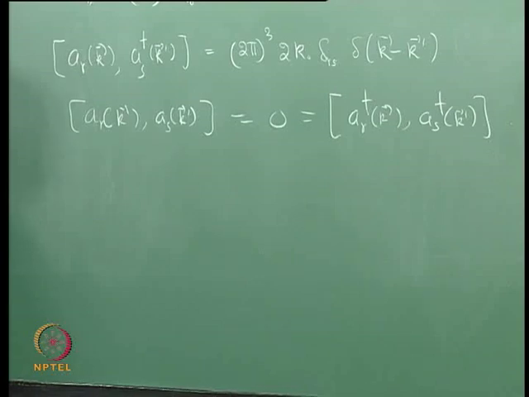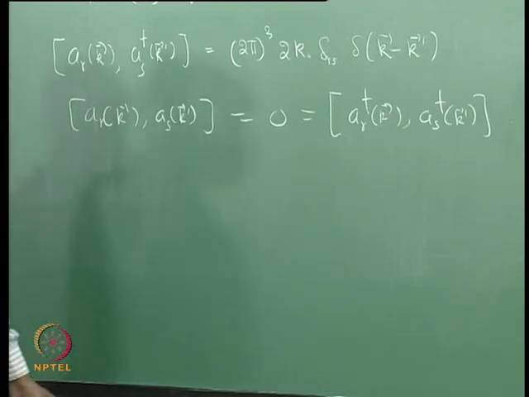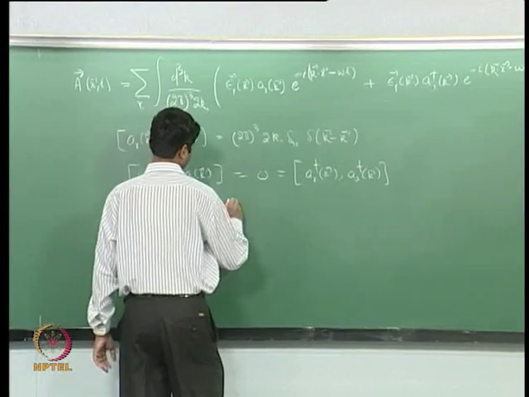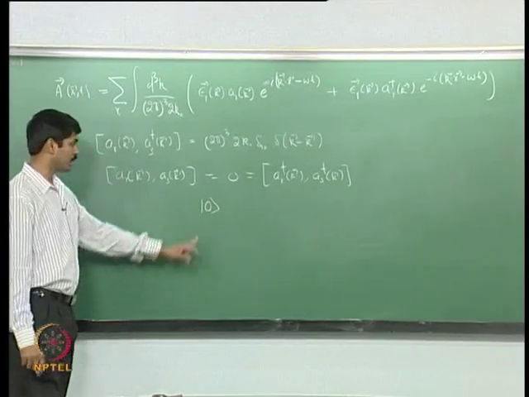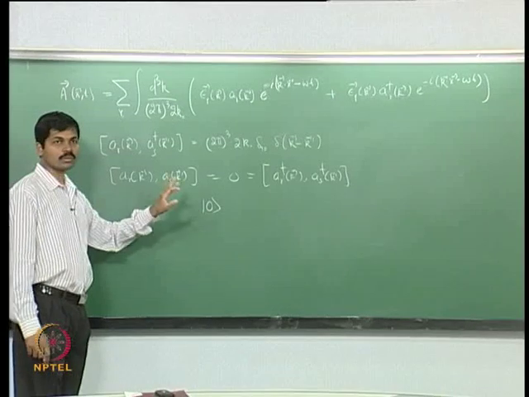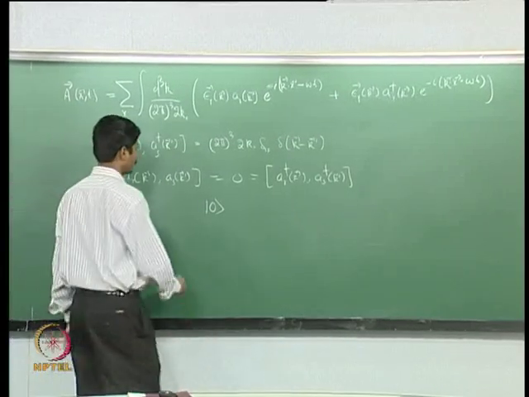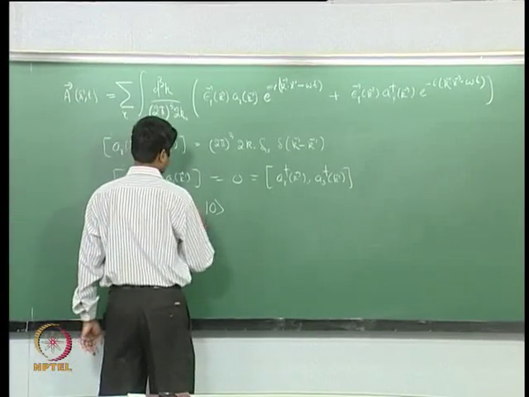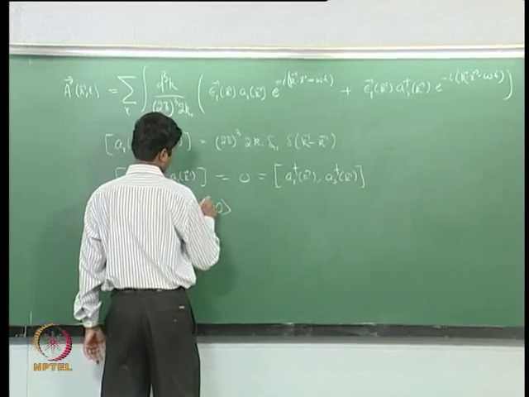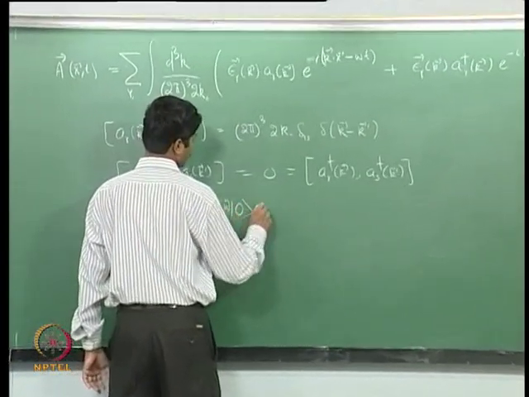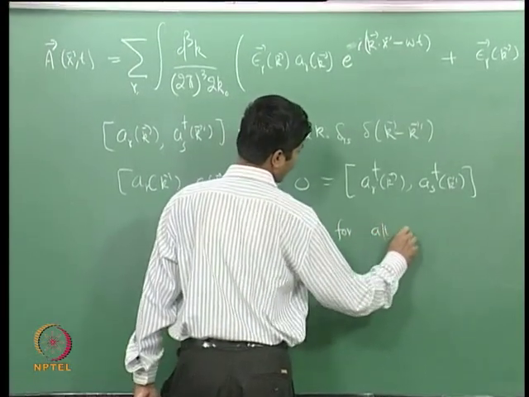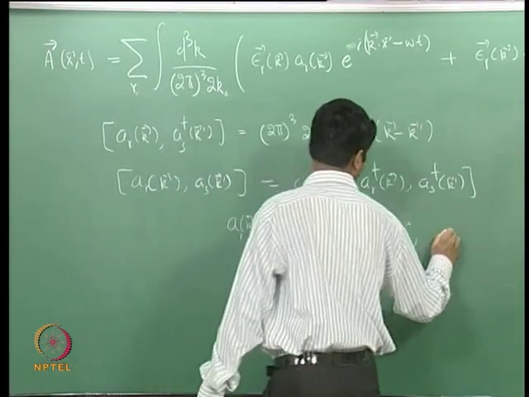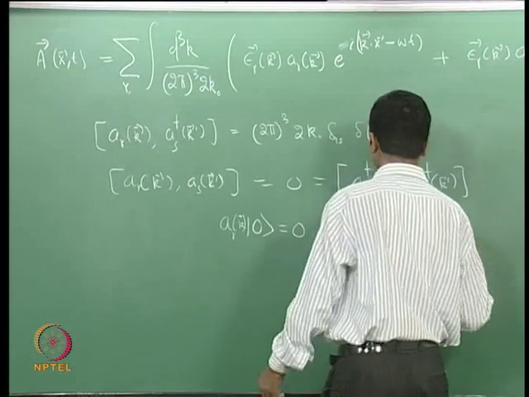So you can argue that there exists a state which we will call the ground state, and this is annihilated by a_r of k for all k and r equal to 1, 2.